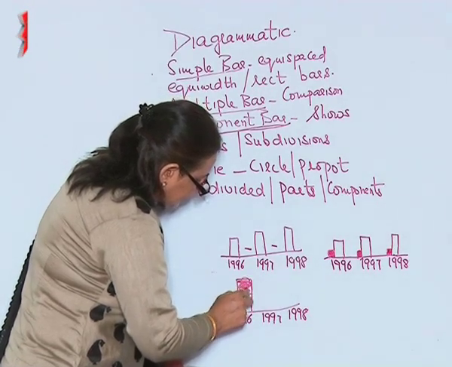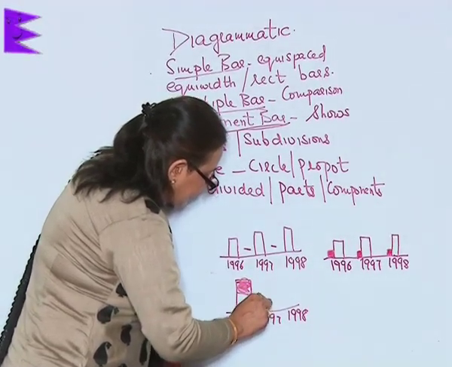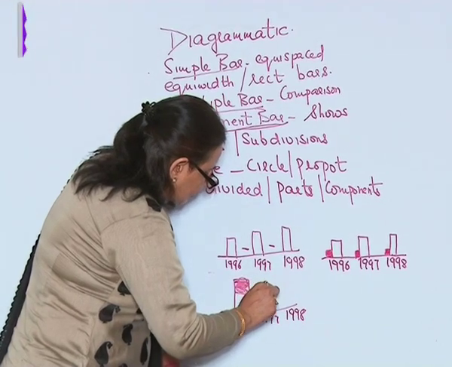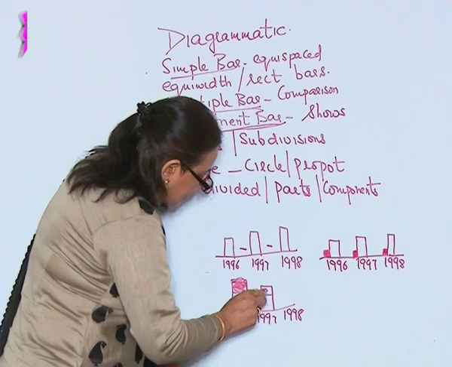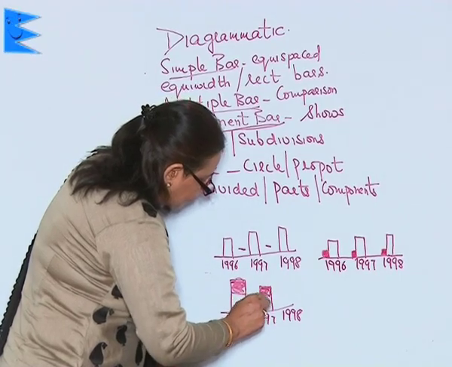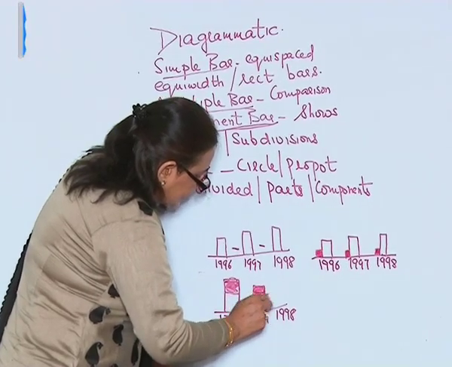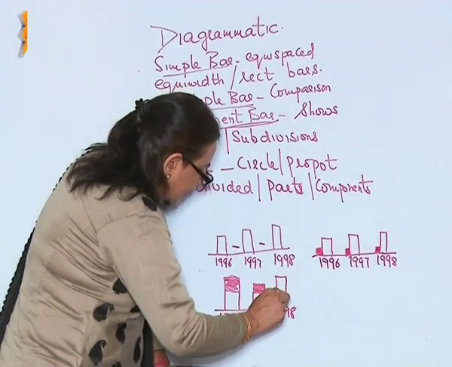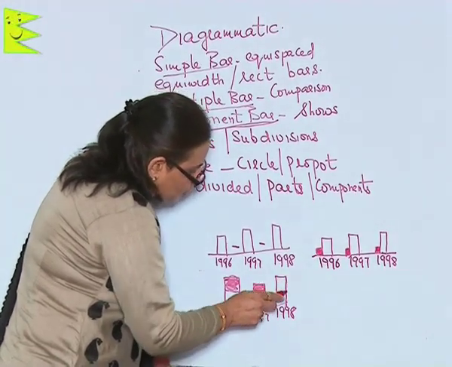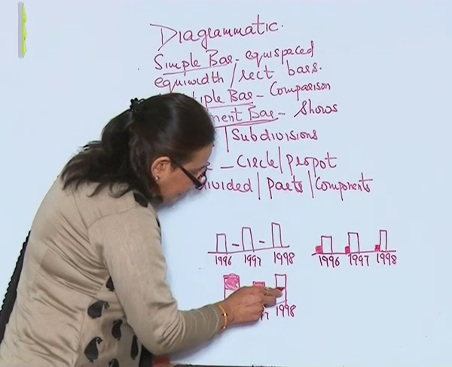Right? Number of students in 1997, 70. Passed, 40. Failed, 30. In 1998, the number of students, 100. Number of students who passed, 50 and failed, 50.